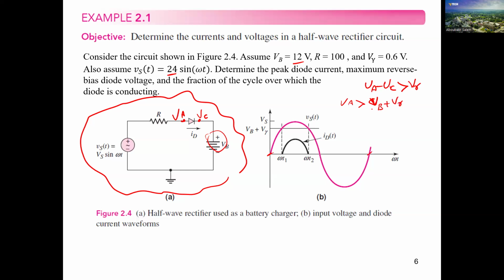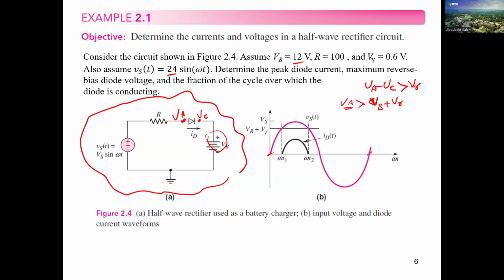And V anode is nothing but the voltage at this terminal, which means V supply minus I times R. So if VA, which is Vs minus I times R, is greater than V gamma plus V battery, this diode will be turned on. So this is the condition.